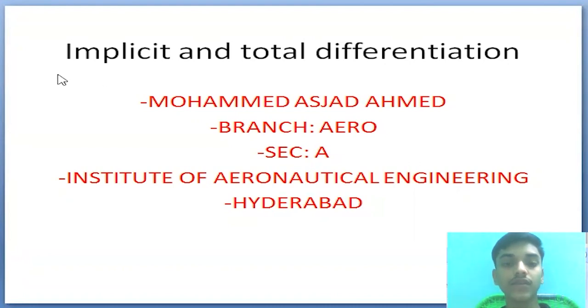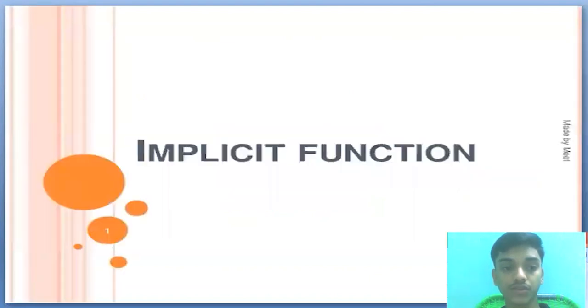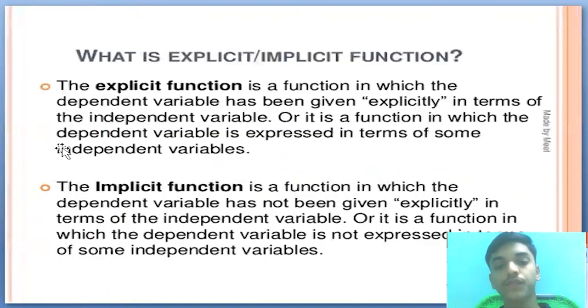So let us first understand what an implicit function is. What's the difference between explicit and implicit functions? An explicit function is a function in which the dependent variable is given explicitly in terms of independent variables.